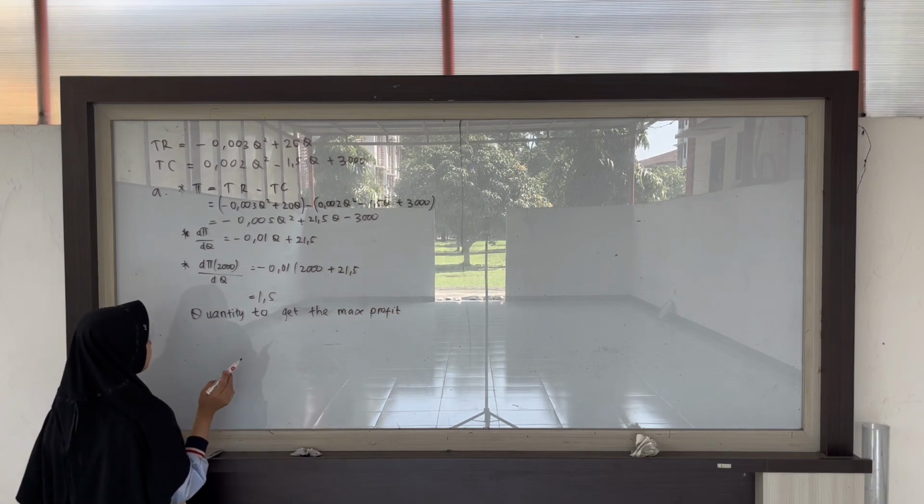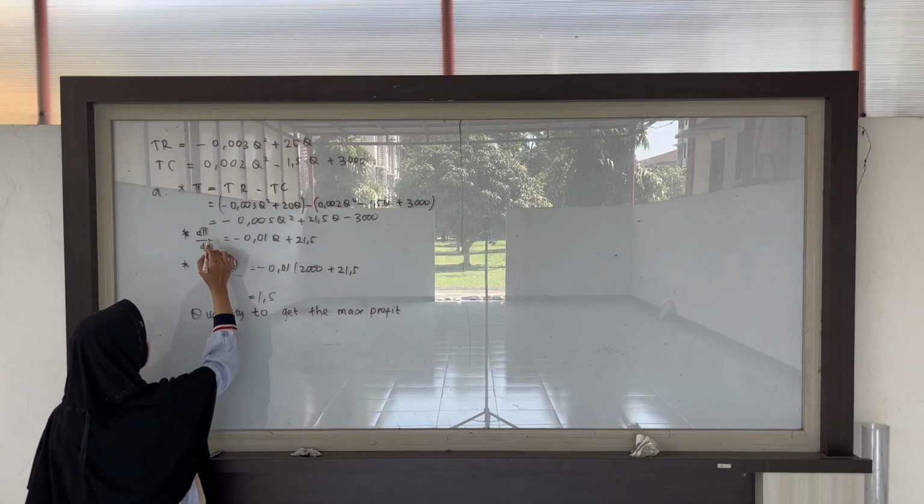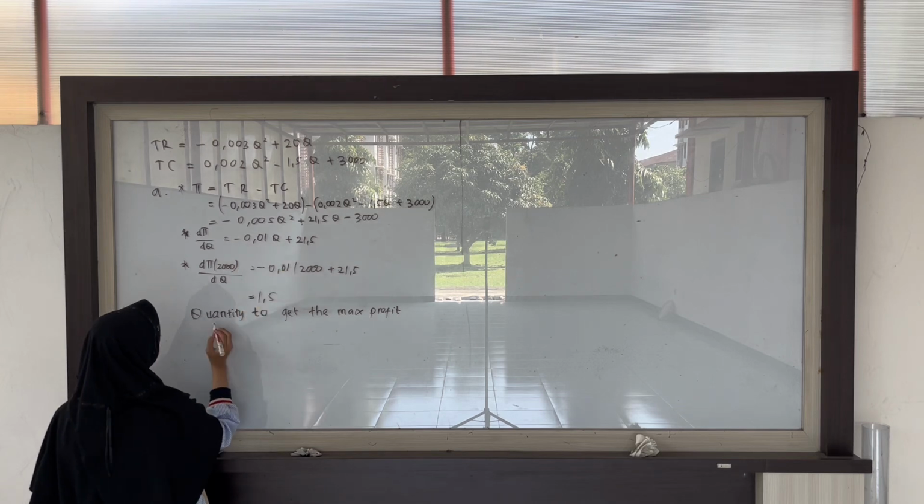To get the maximum profit, we need to set the first derivative to zero.